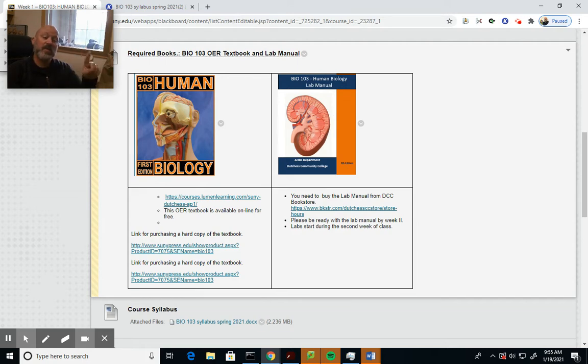However, periodically, I'm going to communicate with you and say I need these pages scanned, transferred into a PDF, and submitted. You do not have to send in the entire lab, every single page, but you will wait and see what pages I'm going to be asking from you.